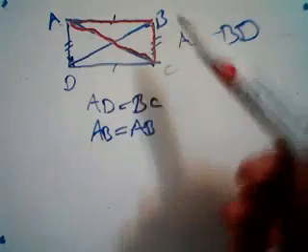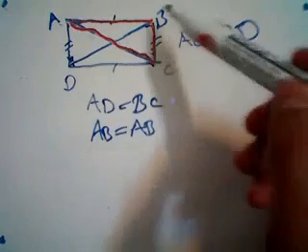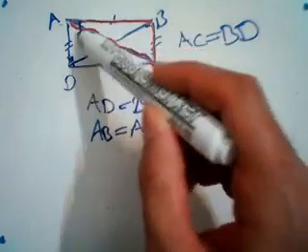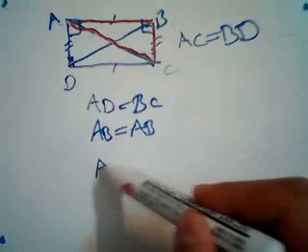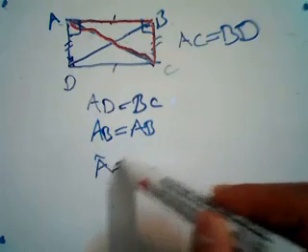AB equals itself. Okay, and this angle equals this angle, or say angle A equals angle B.